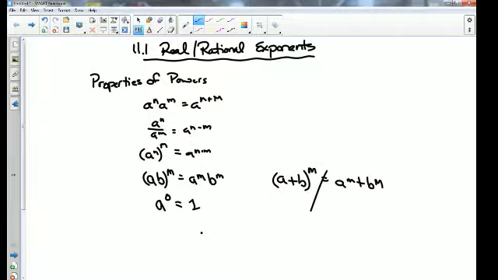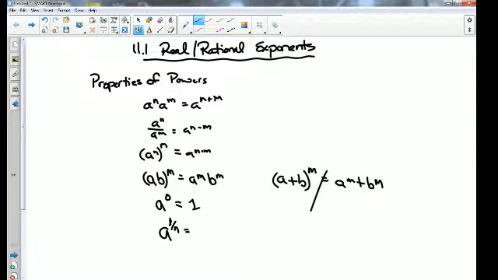Okay, here's one more that I showed you yesterday that some of you already knew and a lot of you didn't. What does that say? These are fractional exponents, rational exponents now, 1 over n.